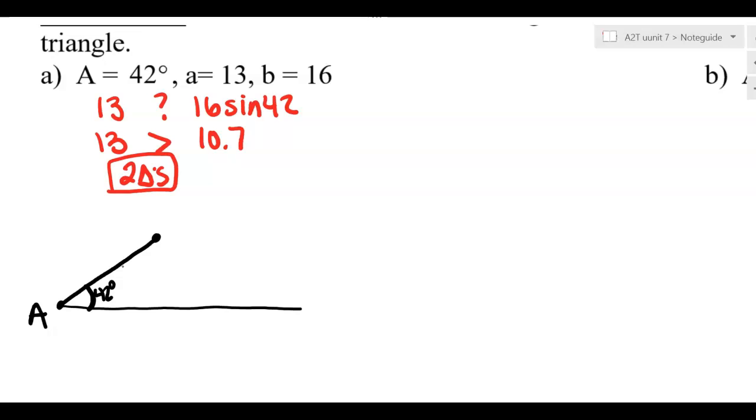What side lengths would surround angle A if I'm using A's, B's, and C's? B and C, because side A would be across from it. Which side length did they give me out of B and C? B. I want that to be my fixed length. That is a measurement they gave me that I cannot change, okay? So that is making this my 16.